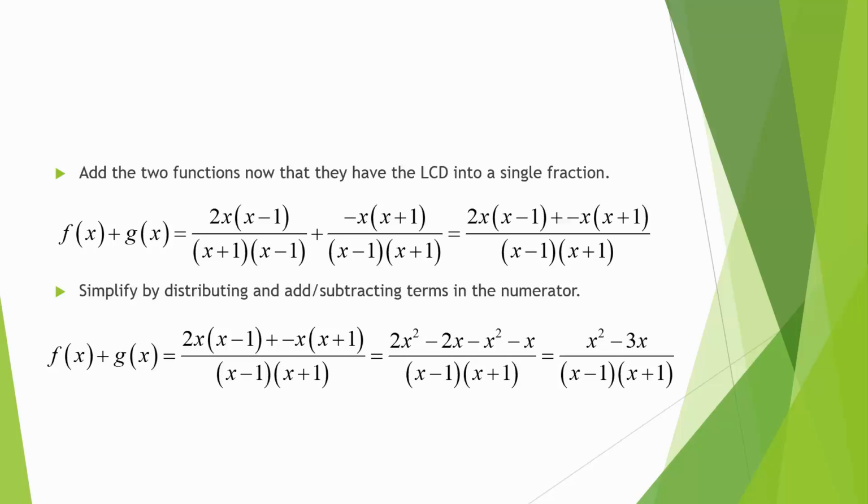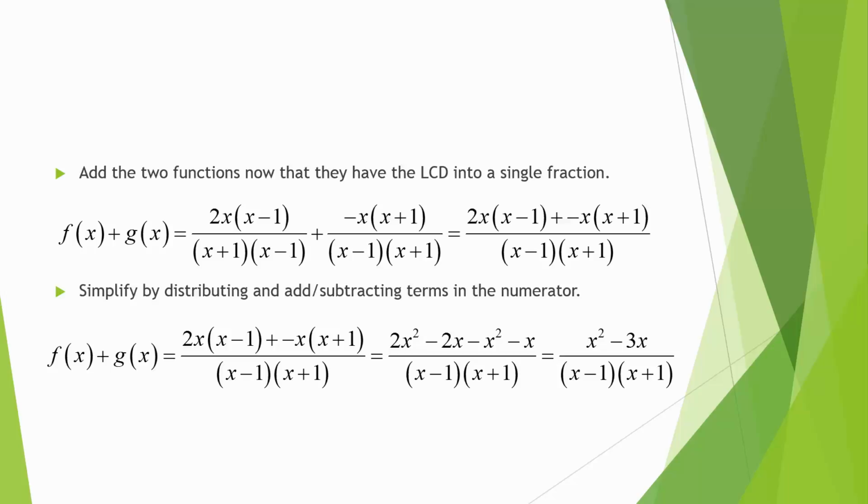So 2x times x minus 1 becomes 2x squared minus 2x, plus negative x times x gives us negative x squared, and negative x times 1 gives us negative x. So in the numerator we have 2x squared minus 2x minus x squared minus x, divided by the denominator, x minus 1 times x plus 1.